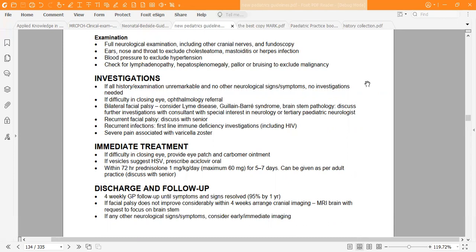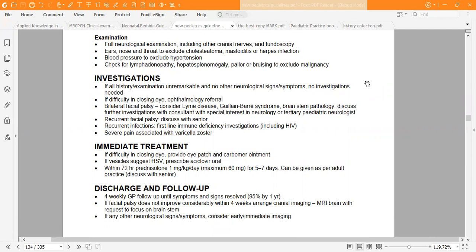So if your examination and history is all clear, and you don't have any clue to guide you to a specific diagnosis or underlying cause, there is no need for any investigations. If there is difficulty in closing the eye, you have to refer him to ophthalmology for ophthalmological assessment.